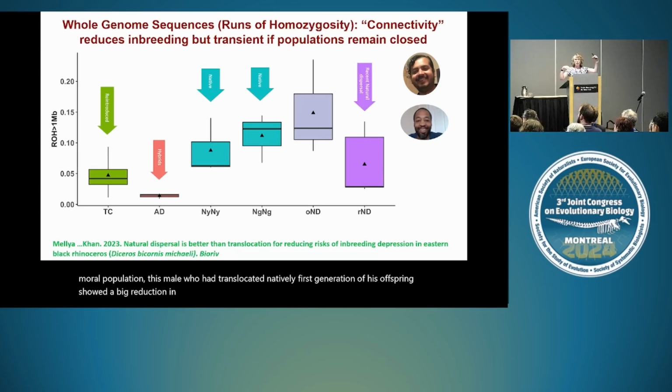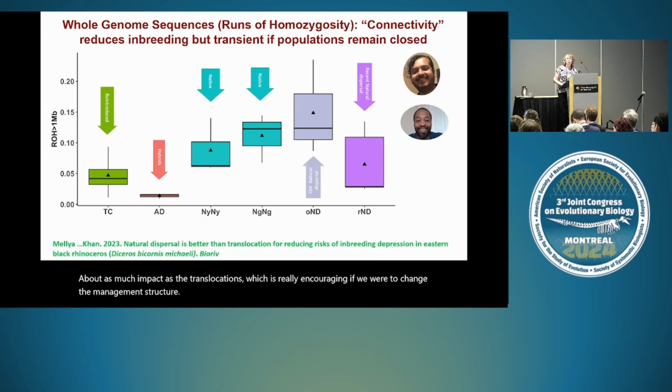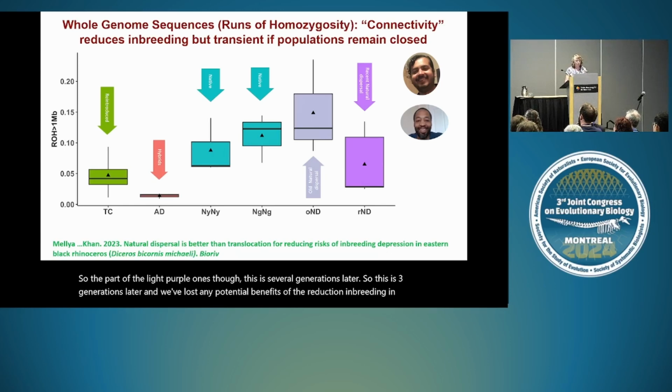So even though these were adjacent populations, the native dispersal actually had about as much impact as the translocations, which is really encouraging if we were to change the management structure. But for the light purple ones, this is several generations later. So this is 3 generations later, and we've lost any potential benefits of the reduction in inbreeding in these populations.